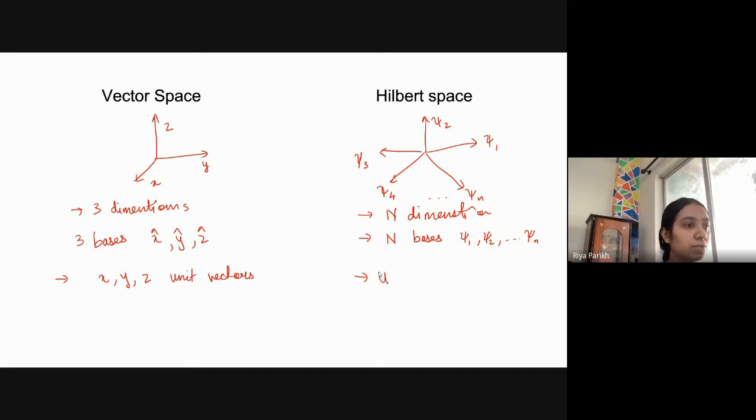So unit functions, which are psi 1 to psi n. And since they are unit vectors, their magnitude will always be unity. Similarly, these are unit functions, so their magnitude will also be unity.